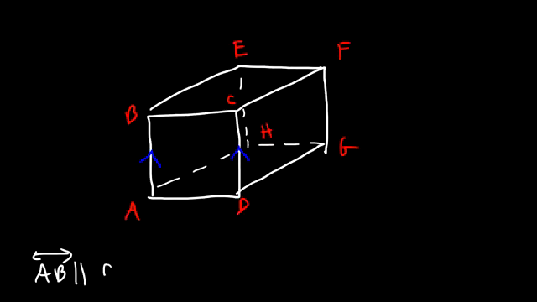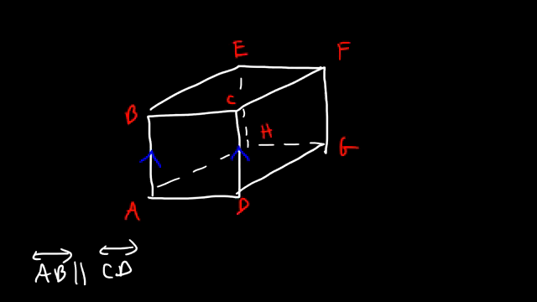Now let's say we have this figure, let's call this A, B, C, D, E, F, G, and H. So what's the relationship between AB and CD? How would you describe them? AB is parallel to CD, as we mentioned before. They exist in the same plane.